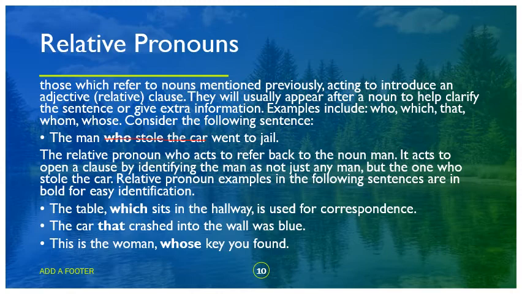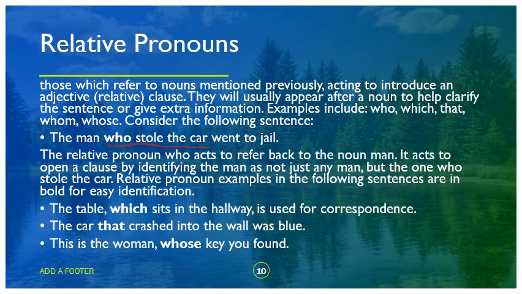Let me erase this for you. So the man who stole the car. Now, who stole the car is basically an adjective or a relative clause. Now, this is the man who stole the car went to jail. Now, here who is the relative pronoun.